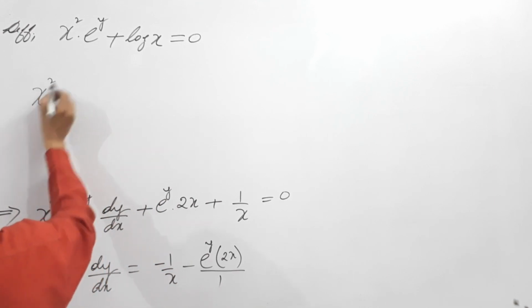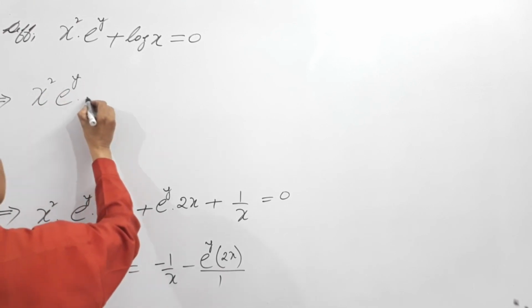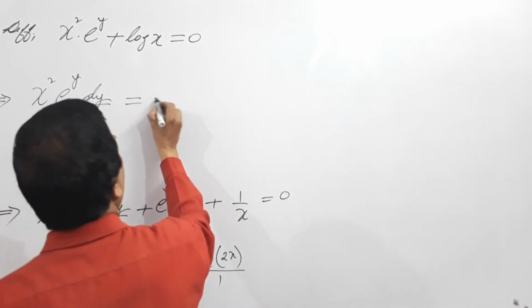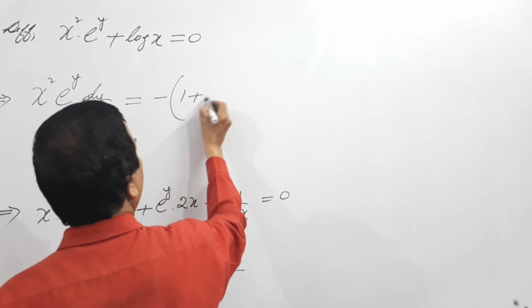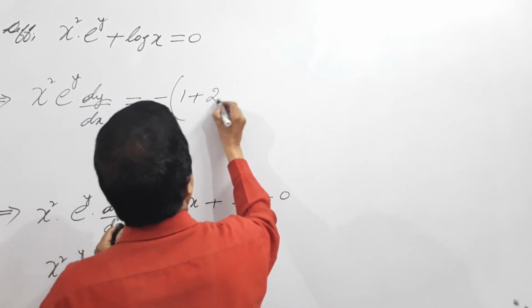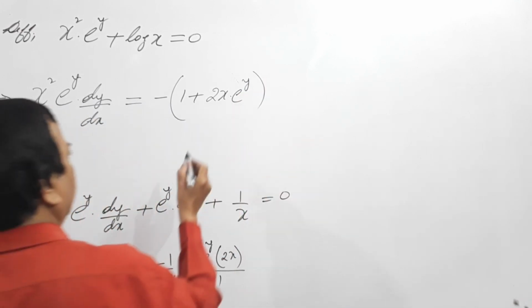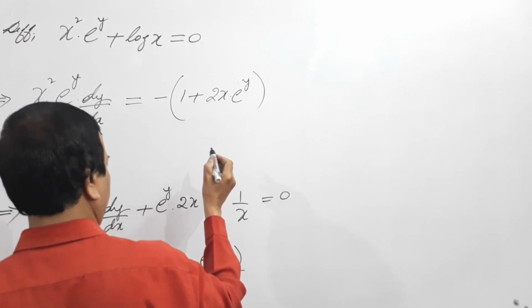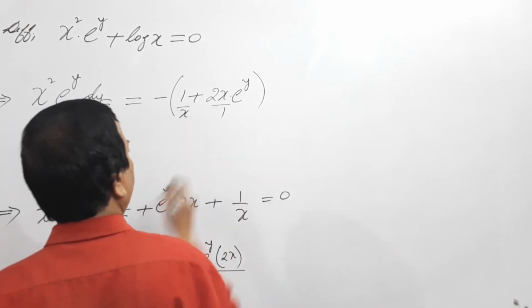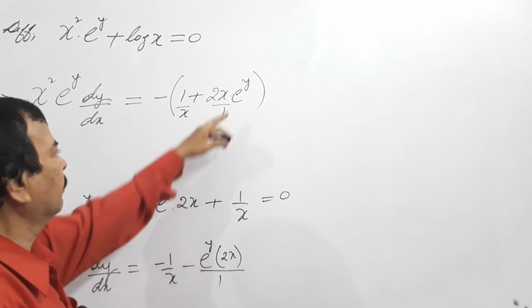That is x square into e to the power of y into dy by dx equals minus, 1 by x plus 2x into e to the power of y divided by 1.